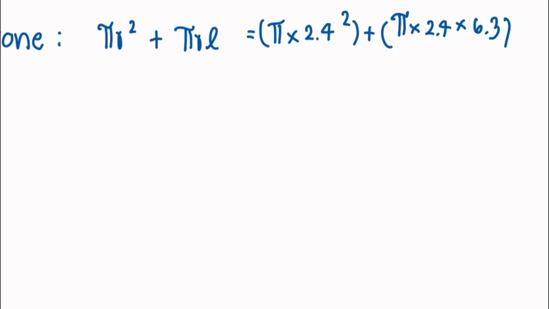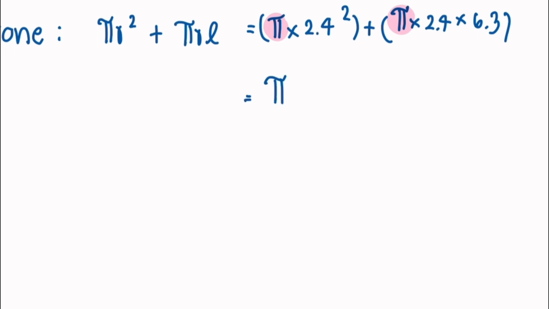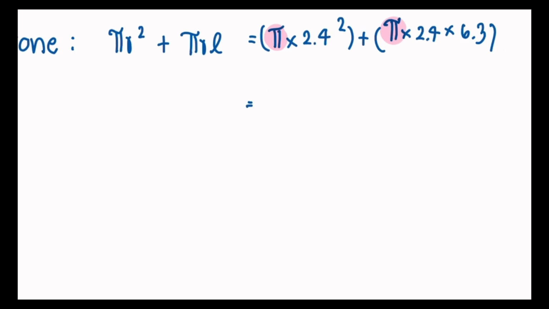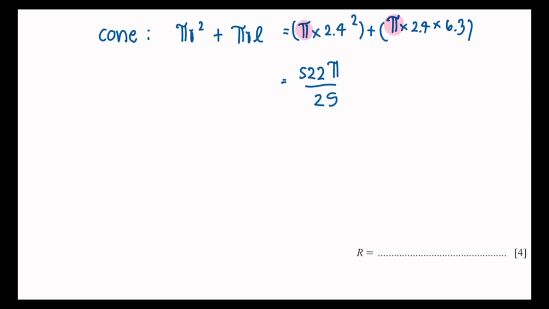Well, there are pi's in both, so you will get 522 pi over 25 as the cone section.